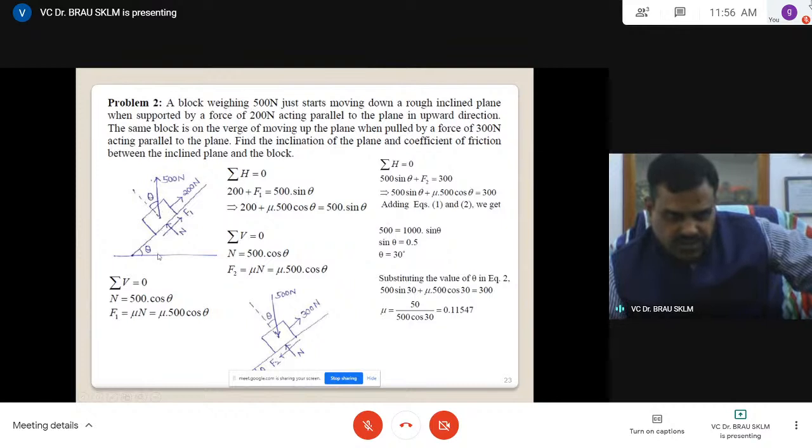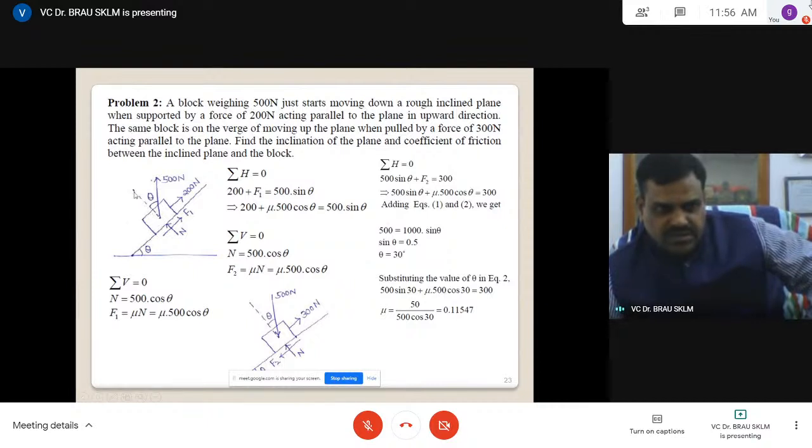If you resolve it, W cos theta, W sin theta. W sin theta is in this direction. Okay, this is the left force, so this is actually not correct. We assume it as downwards. In that case, if you draw an arrow downwards along the same line of action, this is W sin theta, and this is W cos theta. So that's why the horizontal forces are this and this, and F1.